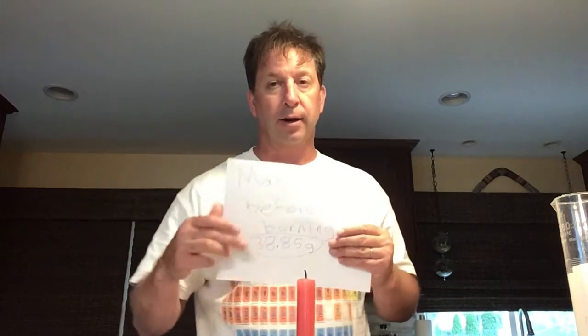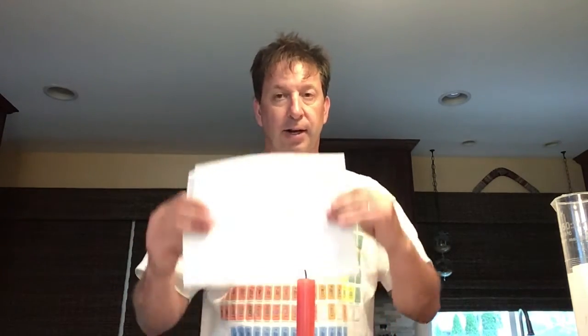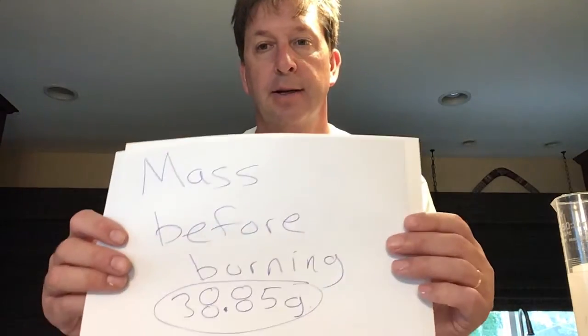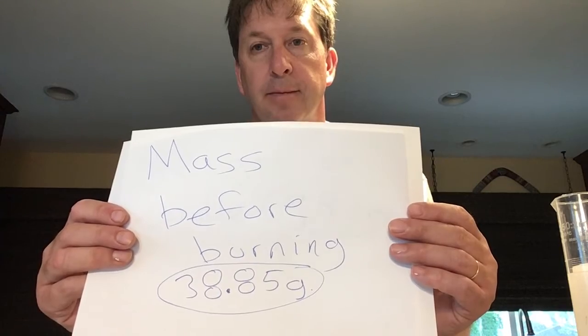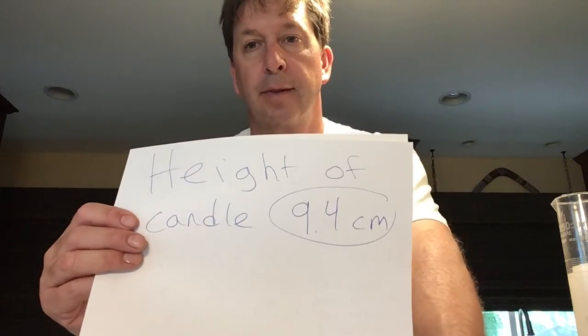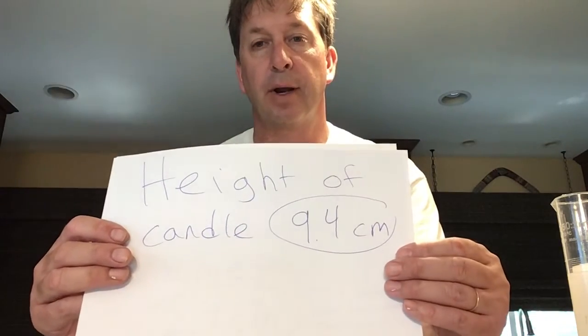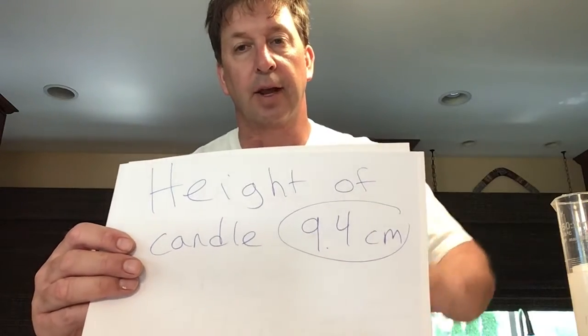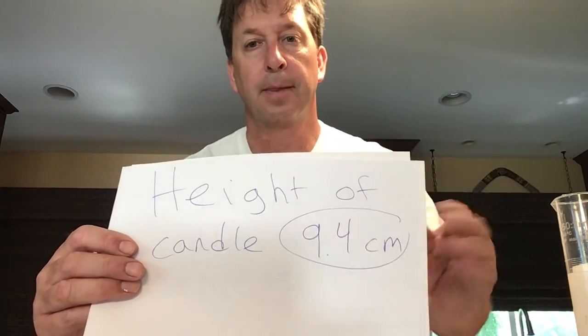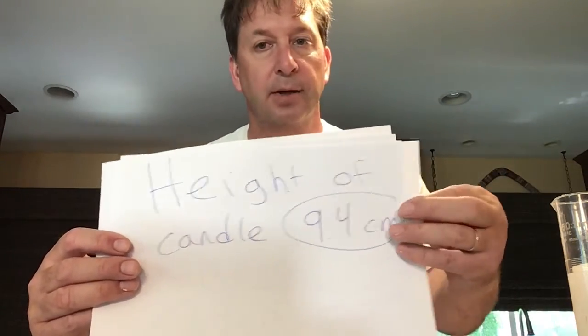These are the quantitative measurements of this candle, and we're going to give you the data. This is the data for our 4-level class. Mass before burning: 38.85 grams. The height of the candle before burning, this smaller candle here: 9.4 centimeters.